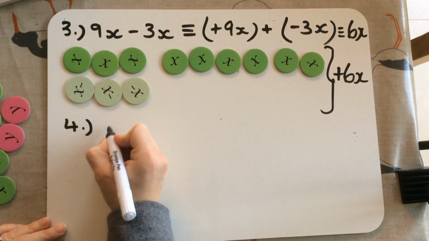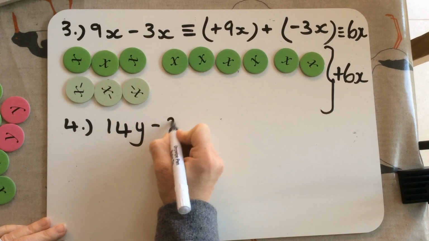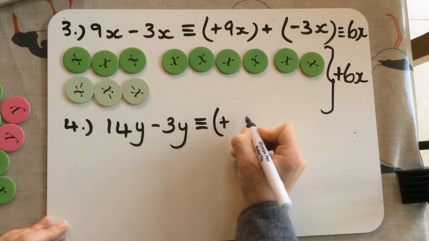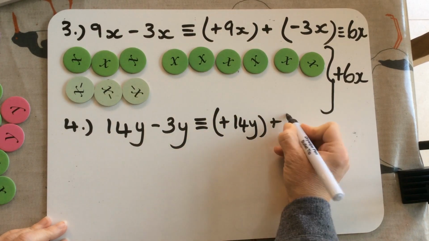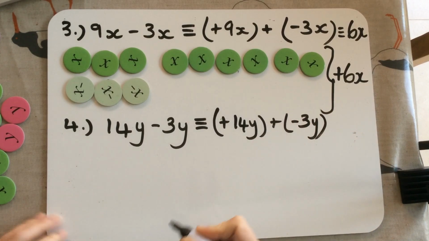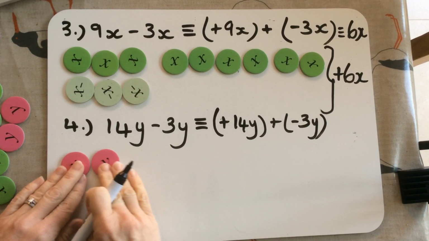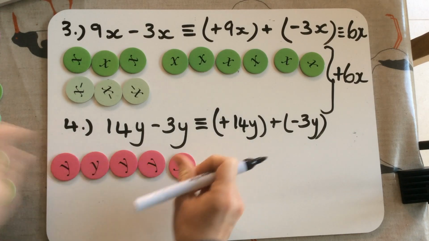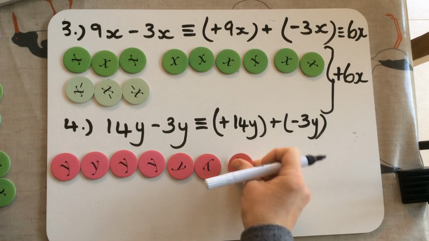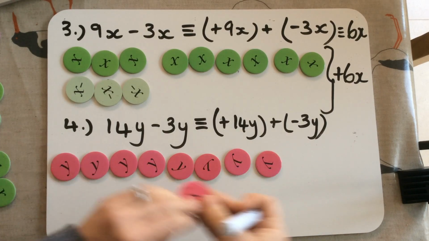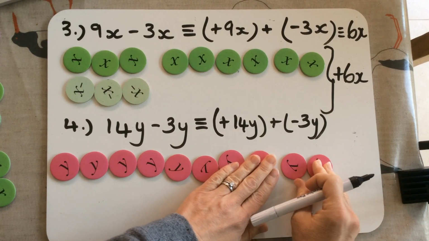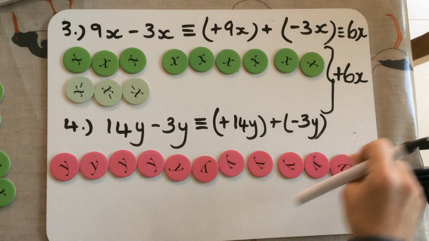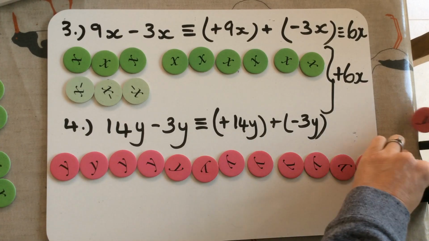Question 4. Very similar, but now I'm changing variables so that I'm working with y's instead of x's. And I'm going to think of that as positive 14y add negative 3y. So I need 14y's in my top row. I'm now going to go off the screen for a moment.